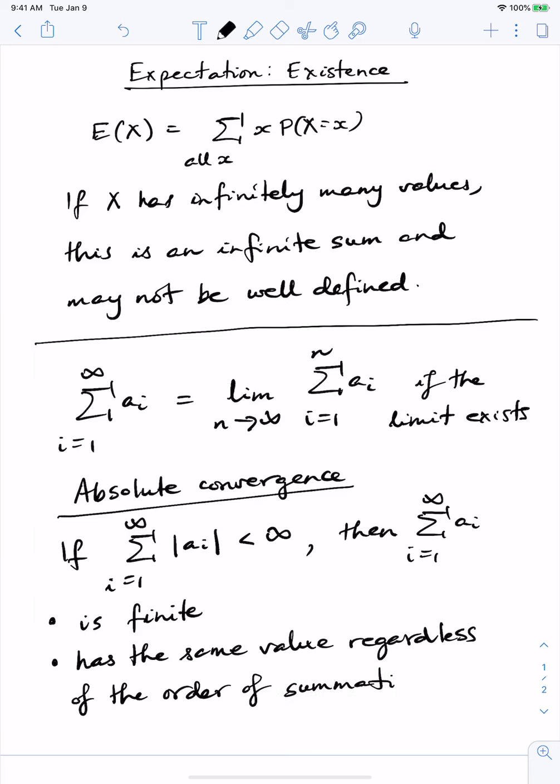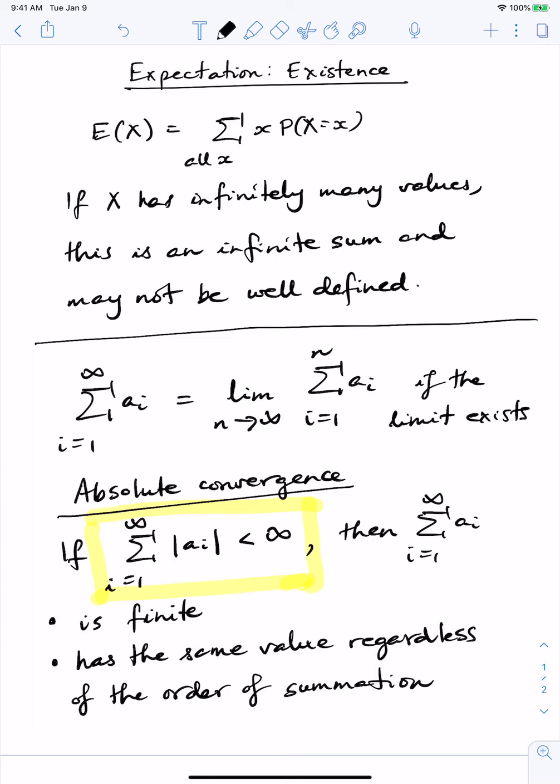That we take for granted when we have finite sums, that we can do them in any order. When you have infinite sums, you can run into trouble, except when you have the condition of absolute convergence, then you're safe. If you want to know why all this is true, please take a class in real analysis.